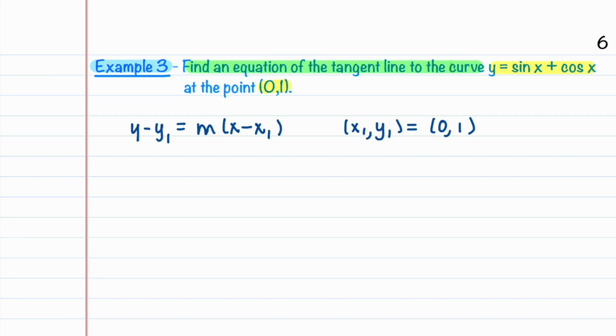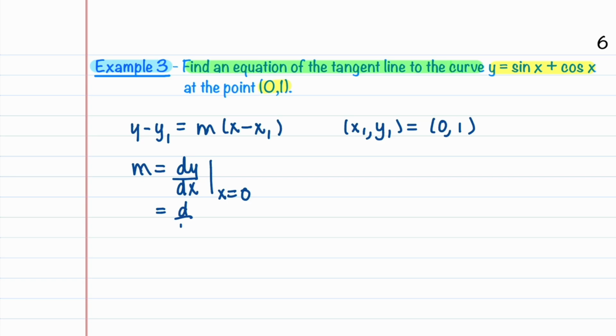And now we just have to find the slope. The slope of the tangent line to the curve is the derivative of our curve, dy dx, evaluated at the point x is equal to 0. Let's now go ahead and find the derivative.